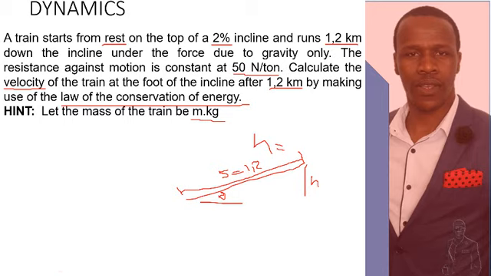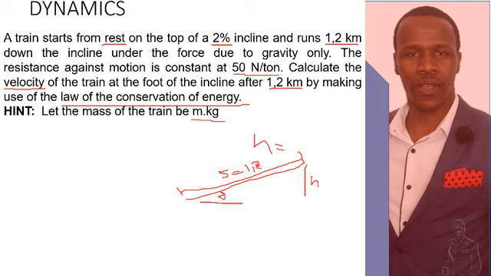So that means sine theta is equal to h over 1,2 kilometers, and 1,2 kilometers is equal to 1,200. So h over 1,200 is equal to 2%, because we said that will be our sine theta. Sine theta will be the ratio for this one.